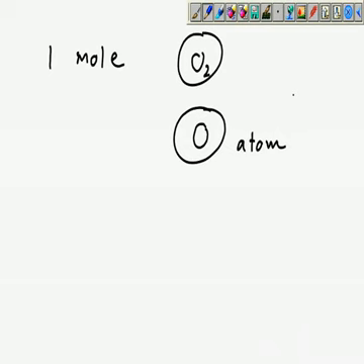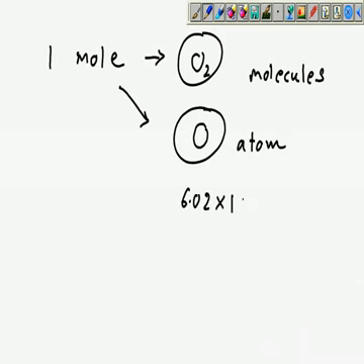Okay, so 1 mole will have 6.02 times 10 power 23 sets of molecules, but 1 mole of this will have 6.02 times 10 power 23 sets of atoms. Okay, in terms of their number, they have the same number, but it's the types of stuff that they have.